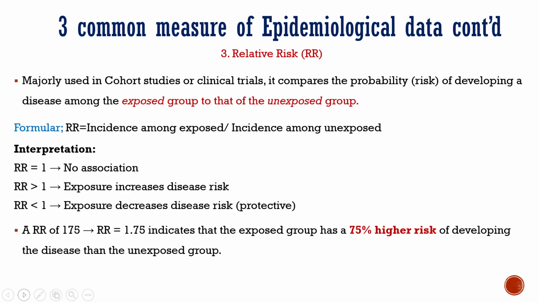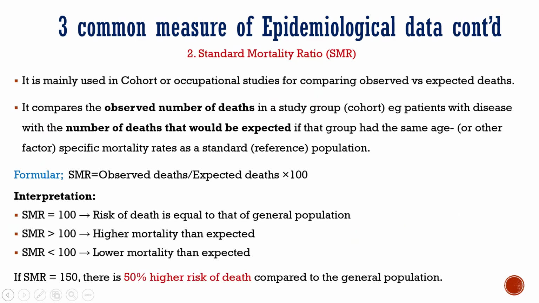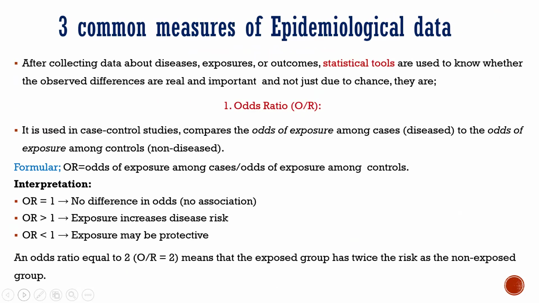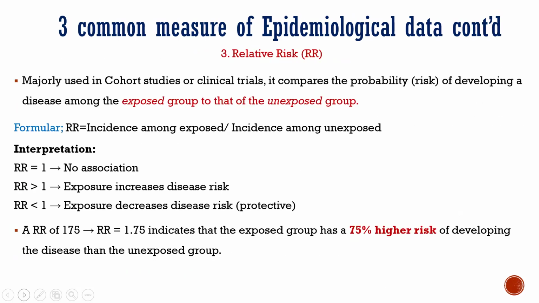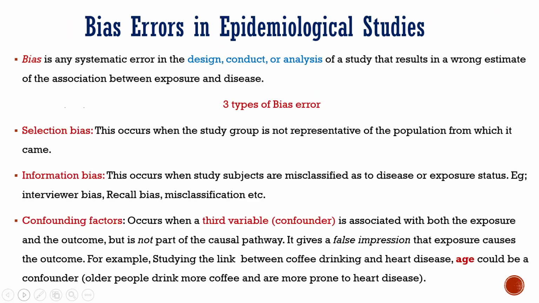Whenever you are carrying out a study, maybe a cohort study, case control study, or any research study, you get to calculate all these: the relative risk, standard mortality ratio, and the odds ratio will help you to make an inference or to make a decision about that particular group or study, so you know where to direct the intervention. Okay. So that is it about the three most common.